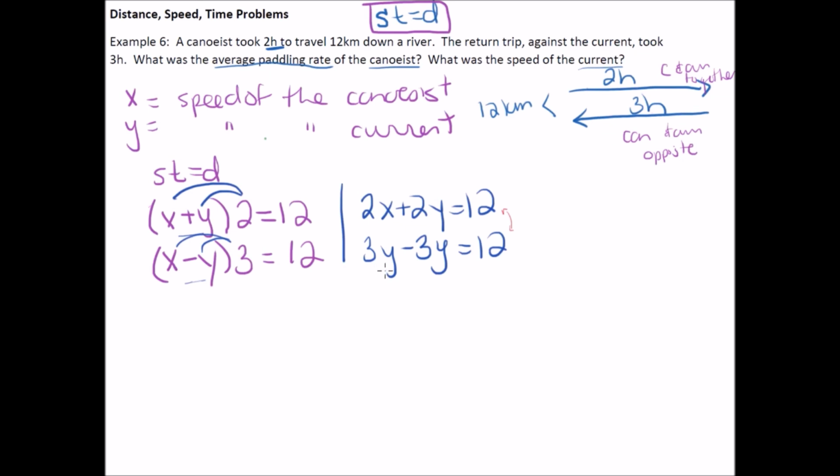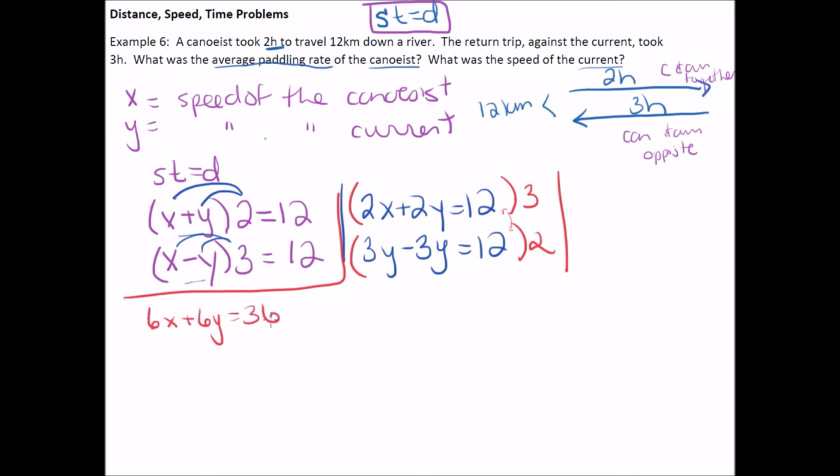Substitution is going to be okay, but I'm going to use elimination just to switch it up. So I'm going to multiply the first equation by 3 and the second equation by 2. Let's see what we get. I'm going to put them down here. We get 6x plus 6y equals 36, and we get 6x minus 6y equals 24.